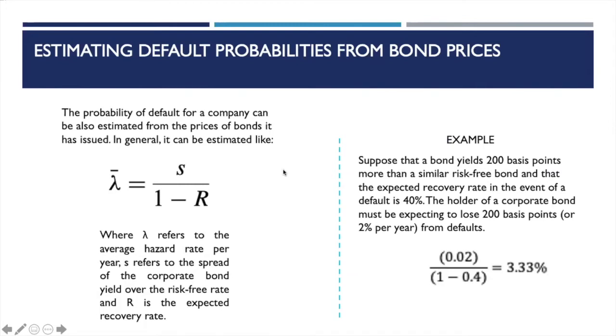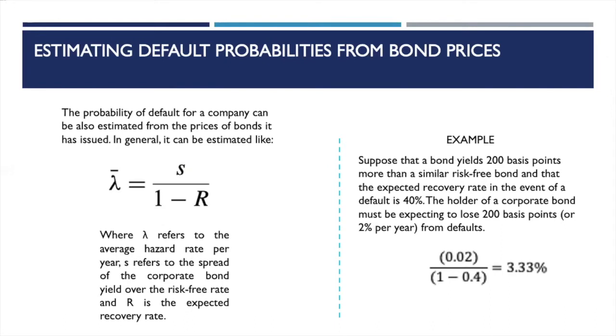To understand this, we are going to take an example from the book. Suppose that a bond yields 200 basis points more than a similar risk-free bond, and that the expected recovery rate in the event of a default is 40%. The holder of a corporate bond must be expecting to lose 200 basis points.